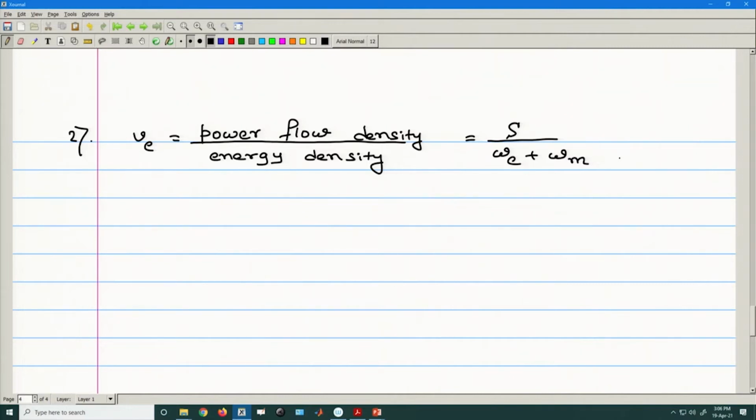So, to start with, we will first find out the fields of a standing wave.